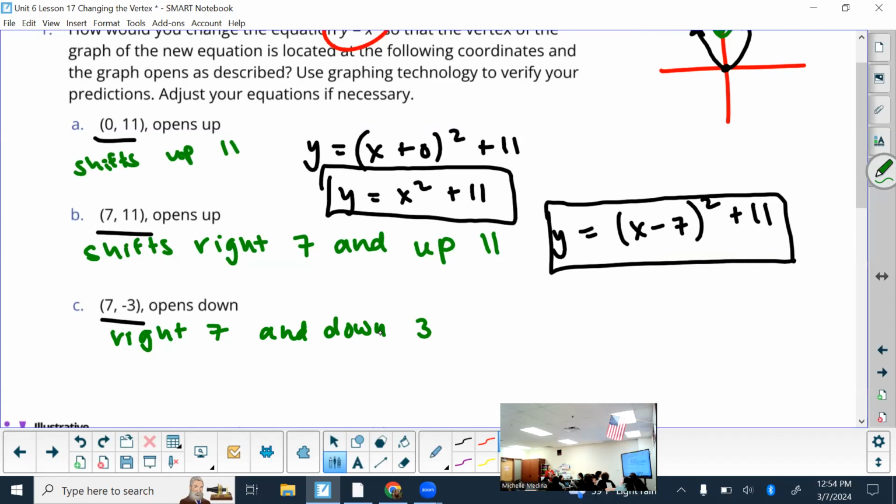What do we call it when it goes down? Table 3. When it goes down, what do we call that in math? Well, something will be negative, but what I'm asking you is what it's called when it flips. You don't just say it flips, we say that it does what? It reflects over the x-axis.